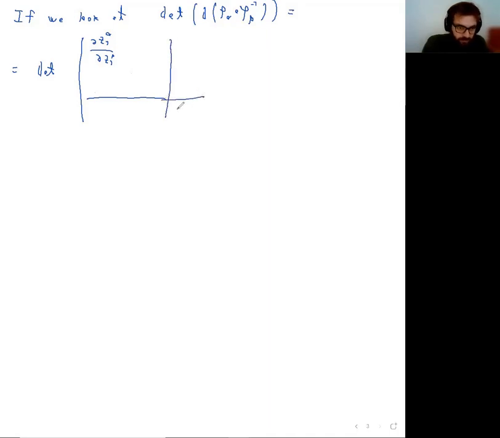Here you have the derivative of zn alpha with respect to zn beta. Here you have dz1 alpha with respect to dzn beta. You have dzn alpha with respect to dz1 beta, etc. So this is a square n minus 1 times n minus 1 matrix. Here we have an n minus 1 dimensional vector, and another n minus 1 dimensional vector. This is just a number.